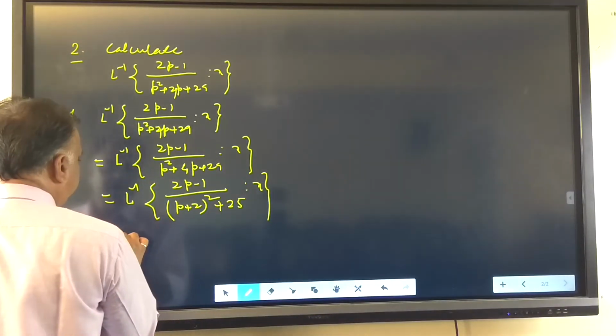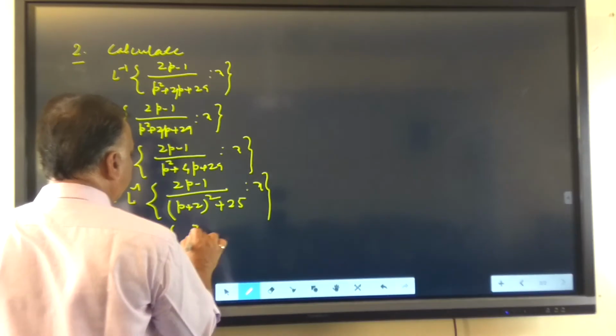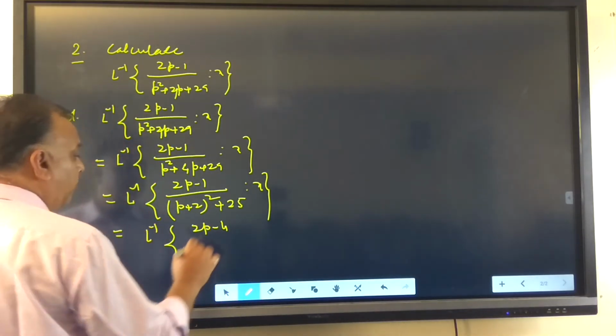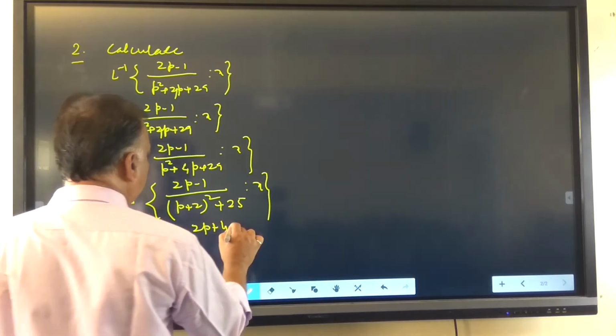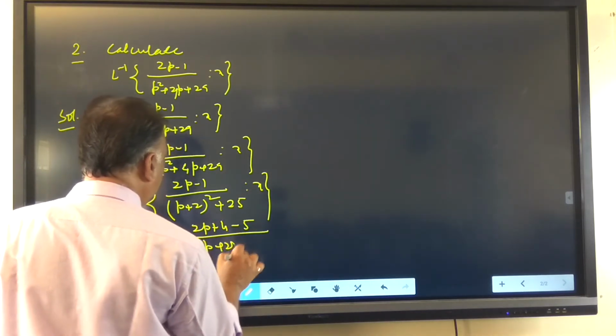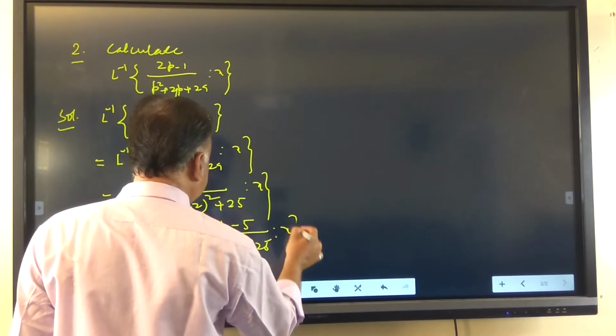And we can write it as the inverse Laplace transformation of (2p plus 4 minus 5) upon ((p plus 2) whole square plus 25) with respect to x.